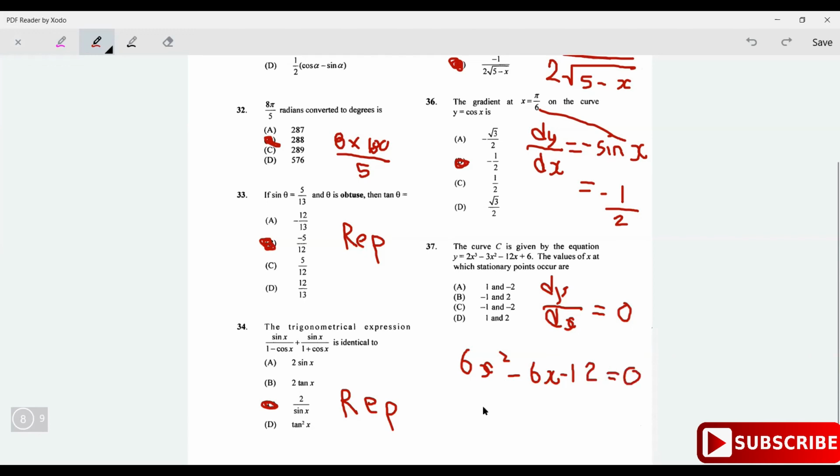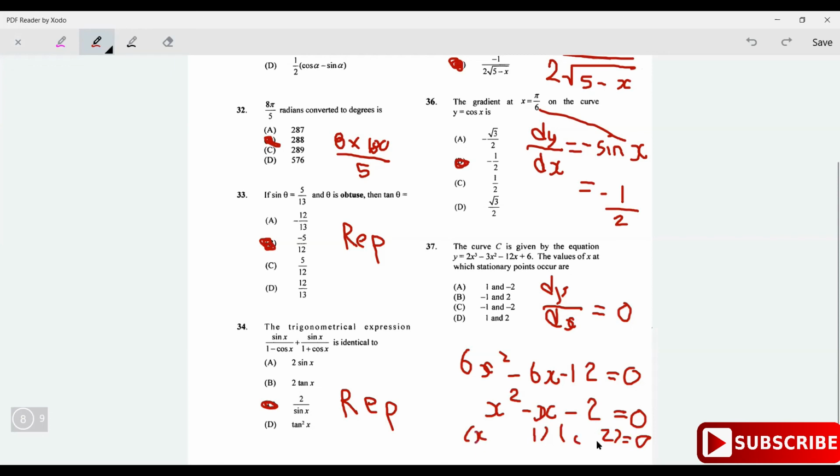We then divide through by 6 to get x squared minus x minus 2 equal to 0. And so we can factorize this now. You have 2 and 1, you have x and x.